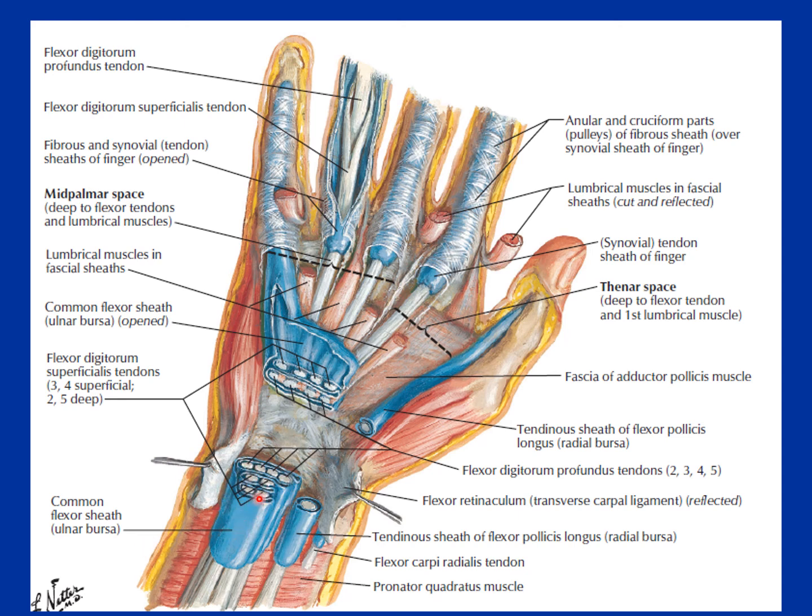You can see the arrangement of the flexor digitorum profundus tendons, which are deep, and the flexor digitorum superficialis, two superficial and two deep, and how they are arranged in the wrist area. Then they move forward, split and spread out into four superficial and four deep tendons. They again are covered by the same synovial membrane, and we name it the common flexor sheath or ulnar bursa.